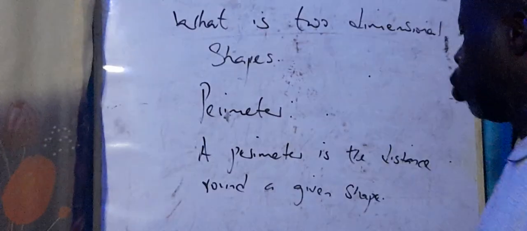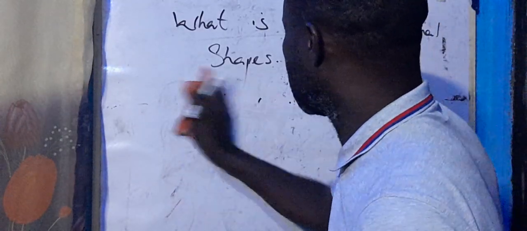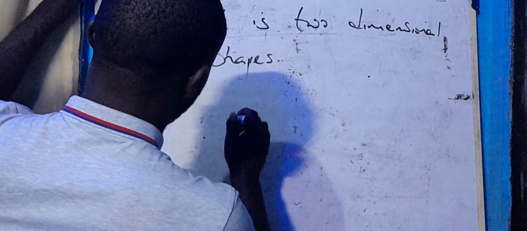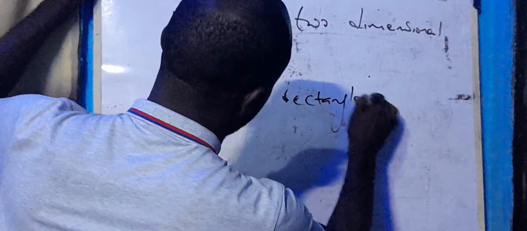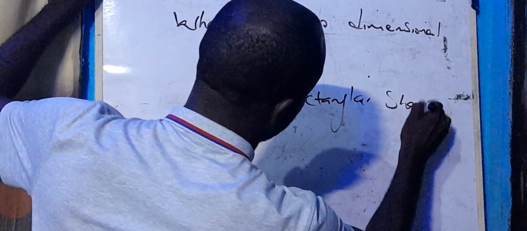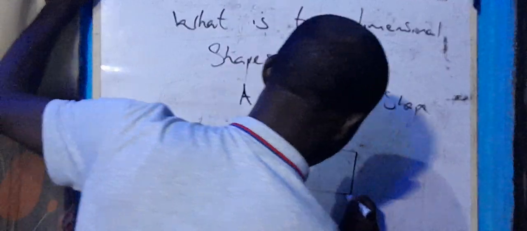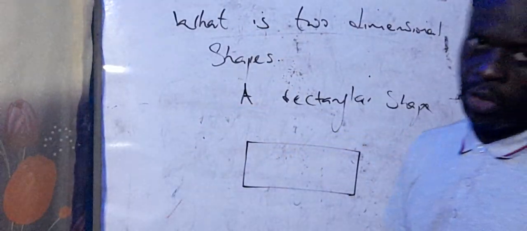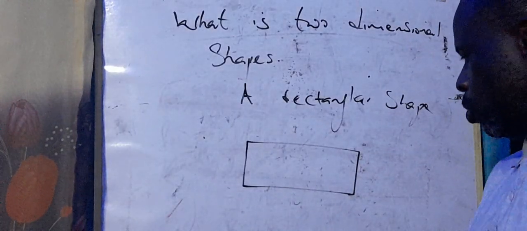Now, we'll be looking at a shape. Let's say we look at a rectangle. We're not discussing its properties now; later we'll discuss the properties of a rectangle.